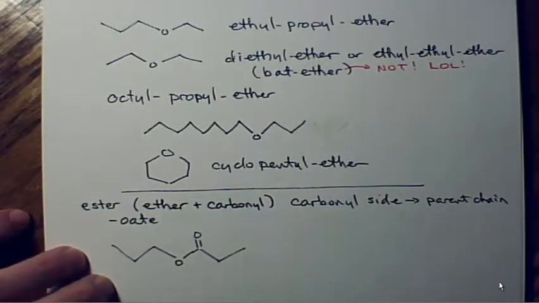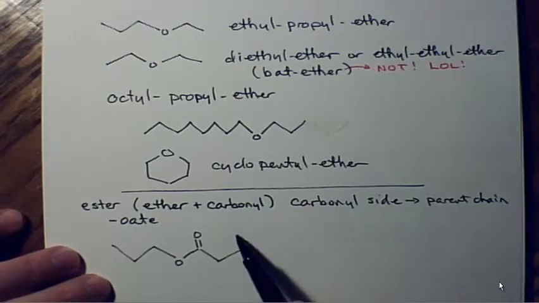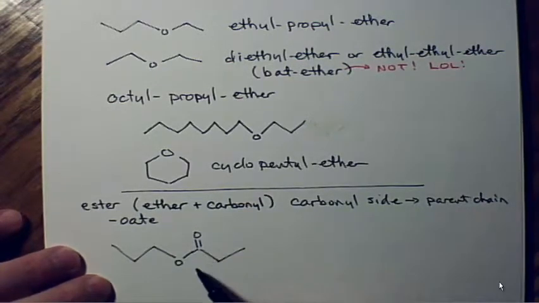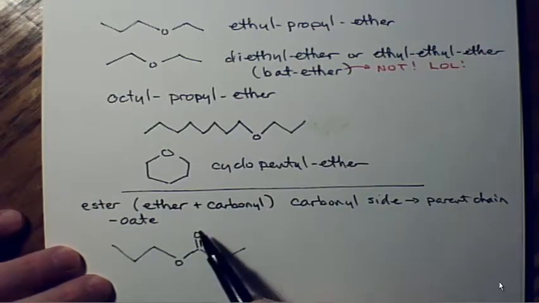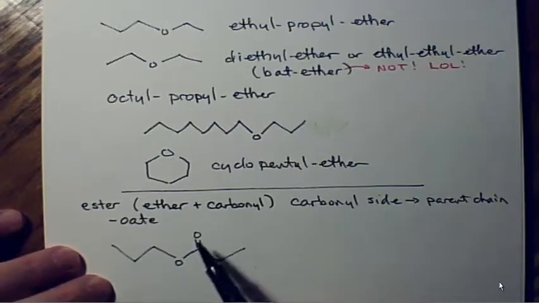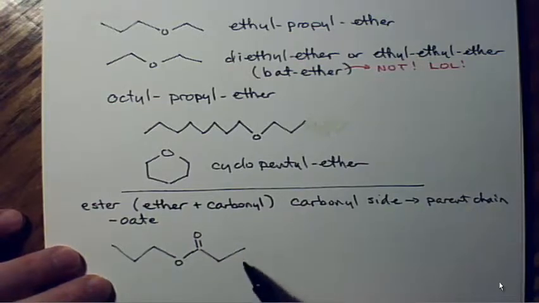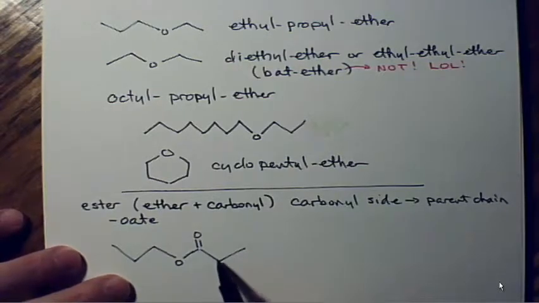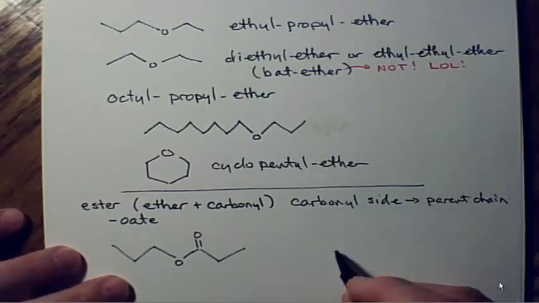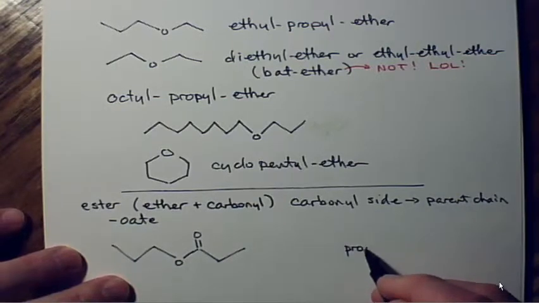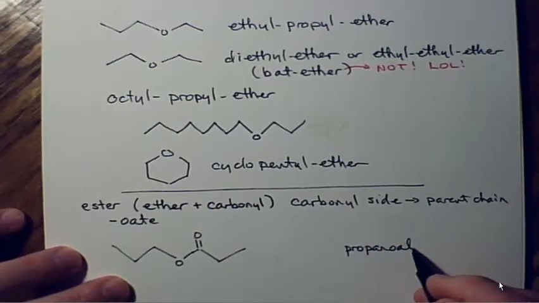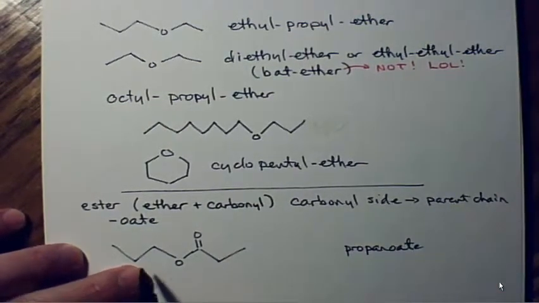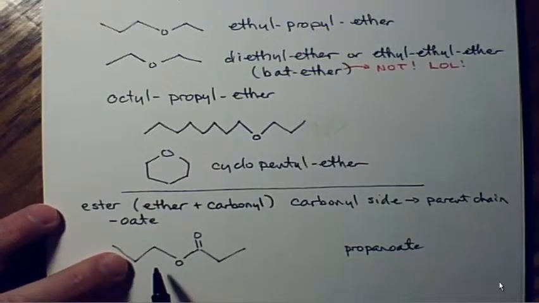Now, this side over here, with the carbonyl, is the parent chain. So the root name is going to be on this part right here. Meth, eth, prop. Single bonds between the carbons here. So this is a propanoate. And then this side over here where the ether is, that's considered a side chain.